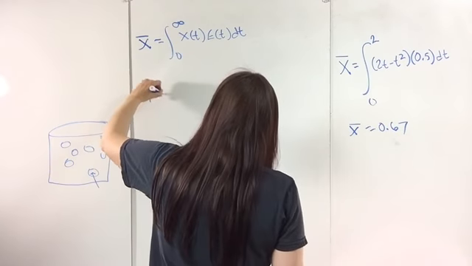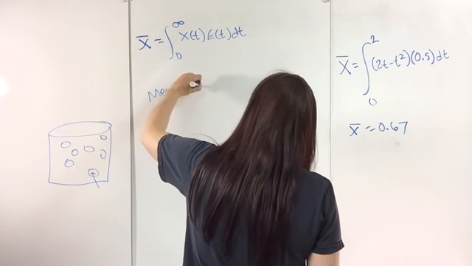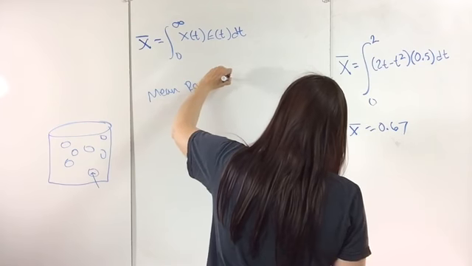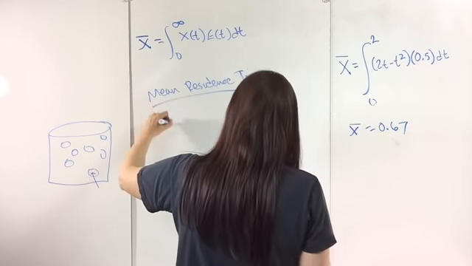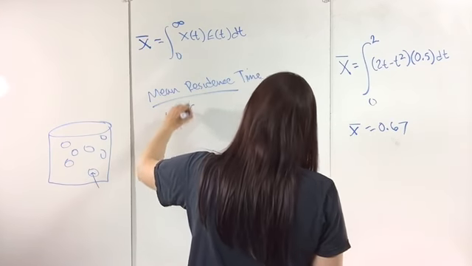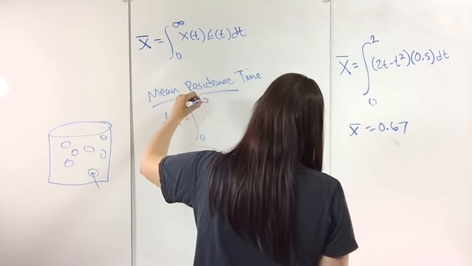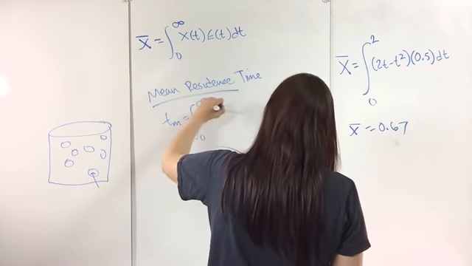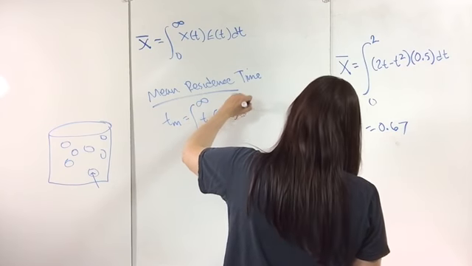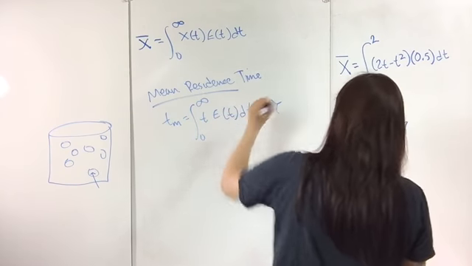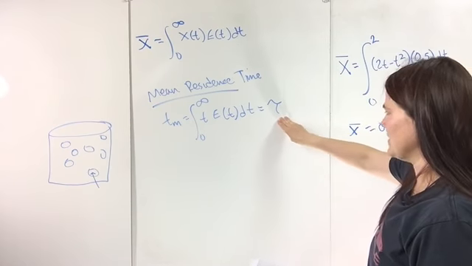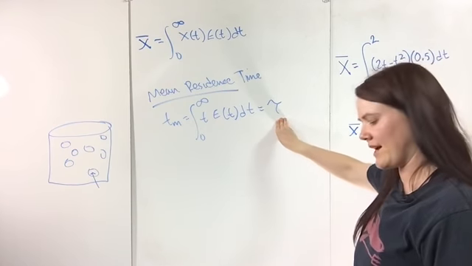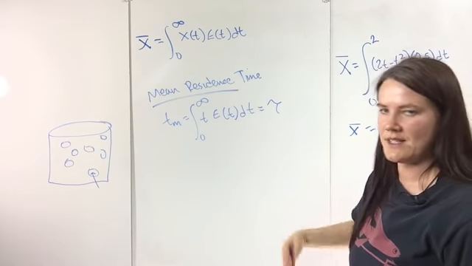So mean residence time, Tm is equal to the integral from 0 to infinity of t E of t dt, which is equal to tau. And this tau is equal to the space-time tau if v is equal to v naught.